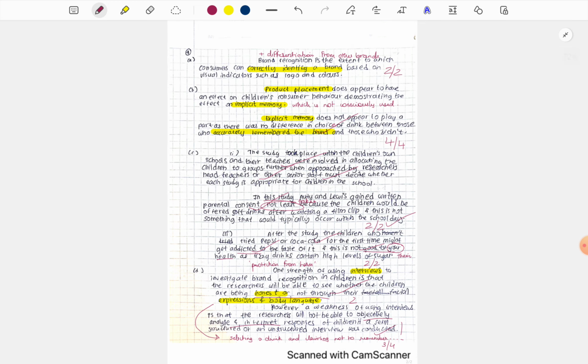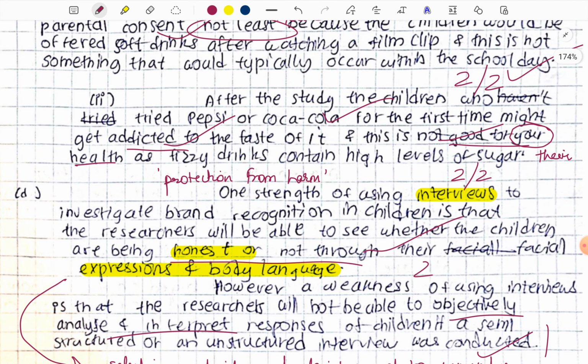So usually there are problems when it comes to the 4 marker on research methods. Looking at this trend, after seeing so many students, my advice is strongly that you revise your research methods very well. That's where most students are faltering. So make sure you know the strengths and weaknesses of every method correctly without confusing it with any other research method.